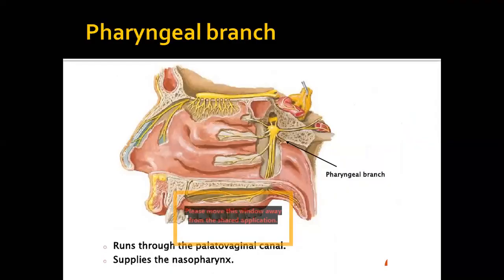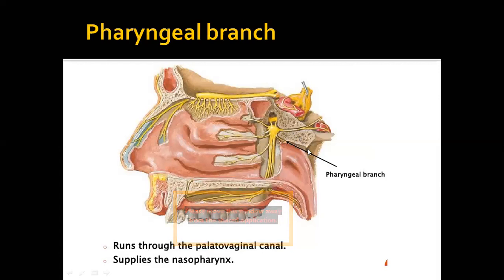So next we'll go on to the pharyngeal branch. The pharyngeal branch, through an opening in the posterior wall, that is through the palatovaginal canal, enters the pharynx. It supplies the nasopharynx above the auditory tube and behind the auditory tube.